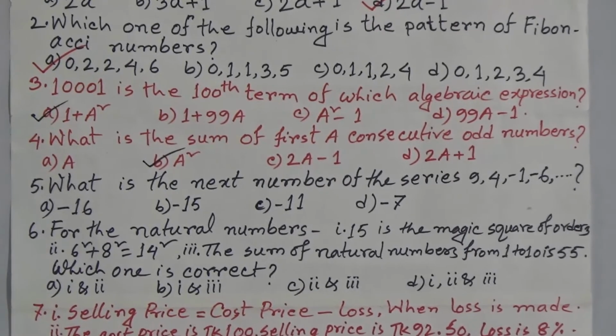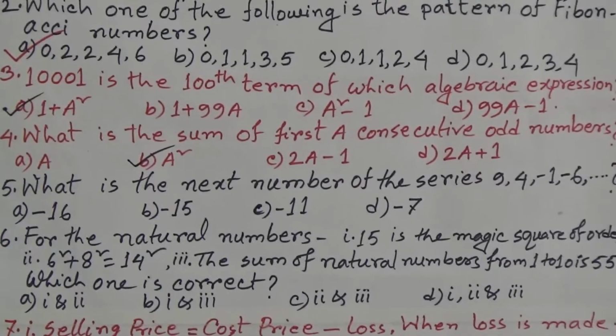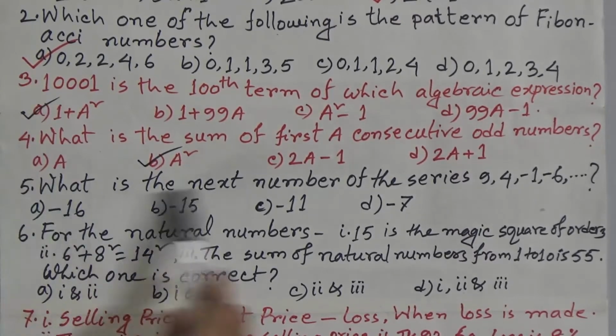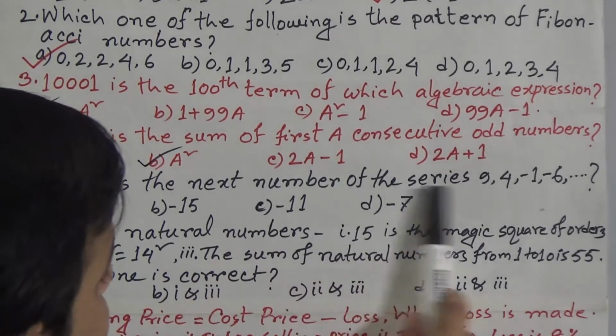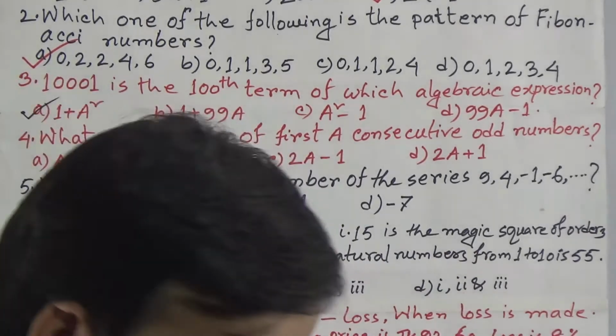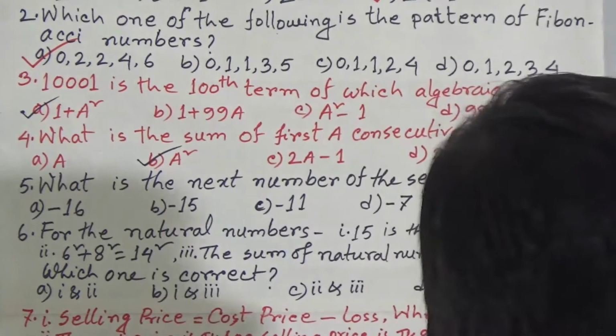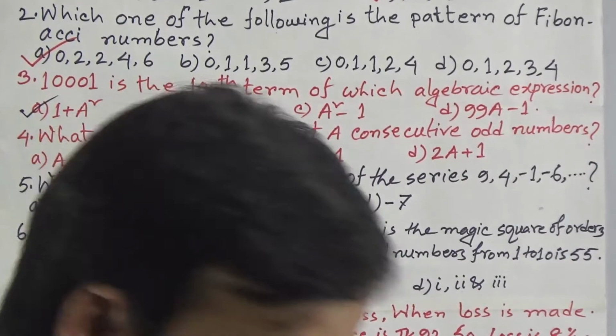Now question 5. What is the next number of the series? Here the series is given: 9, 4, minus 1, minus 6.